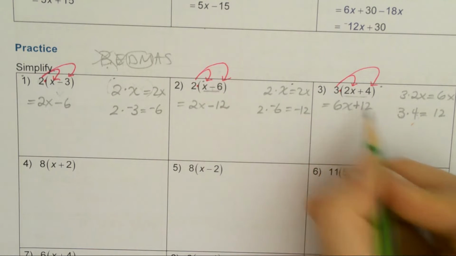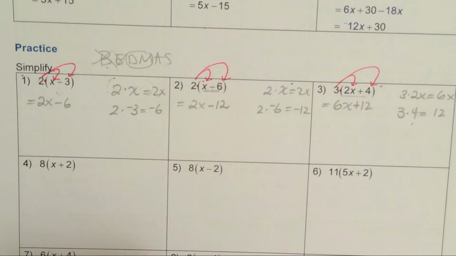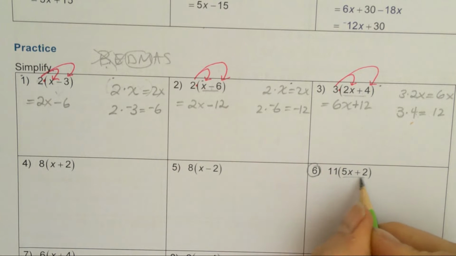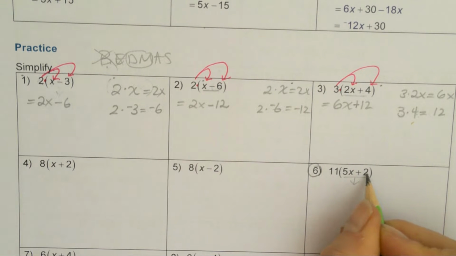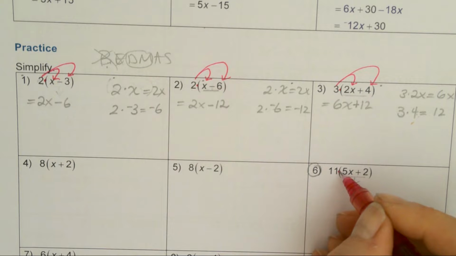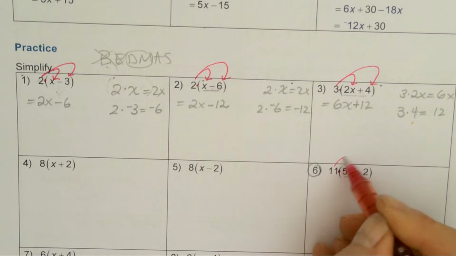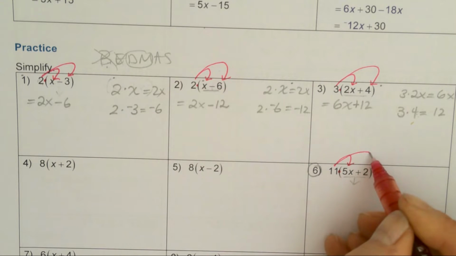So I get 12. So if I put 12 here, I have to say he's positive, so I put a plus. Okay, let's do 6. Can I do inside the brackets? No, because this 2 does not have an x, so these two are not like terms. So I have to do the multiply. It's the only option. So I'm going to distribute the 11. I'm going to share it out.